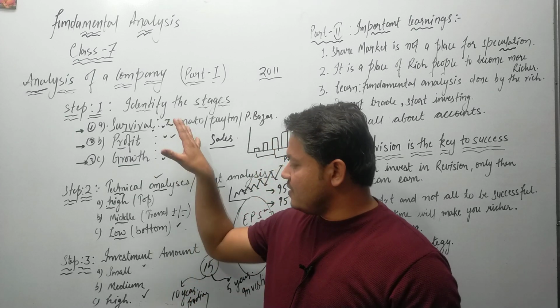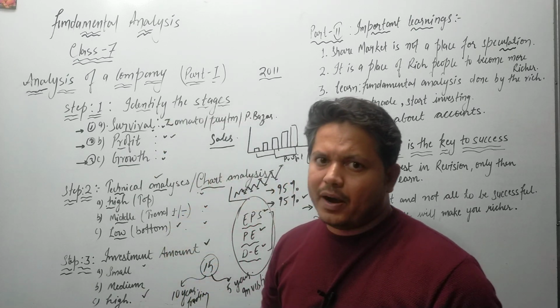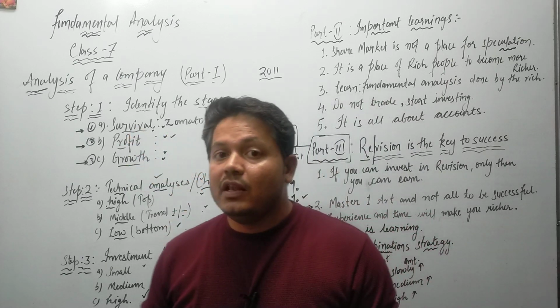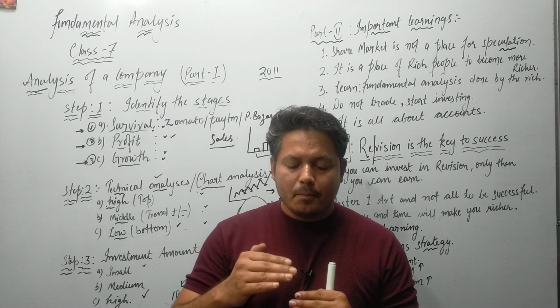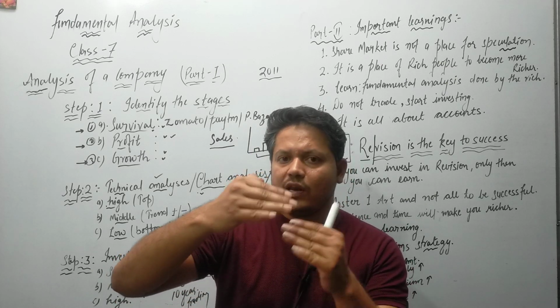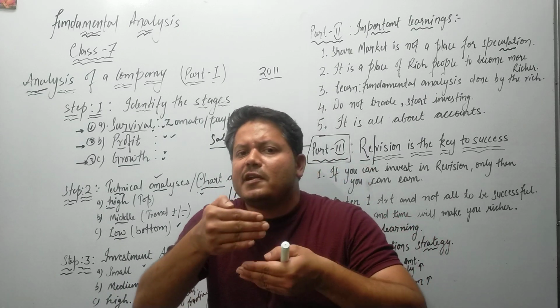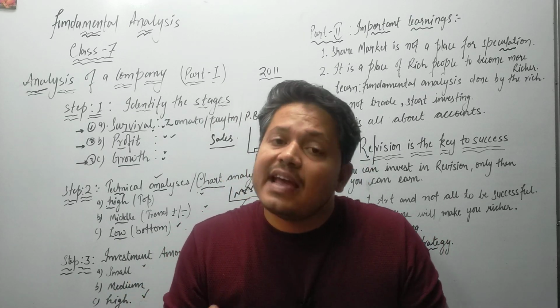In the survival stages, invest lower amounts. When the company becomes profitable, you can invest more than the lower limits. And when the company makes consistent profits, you can invest heavily.